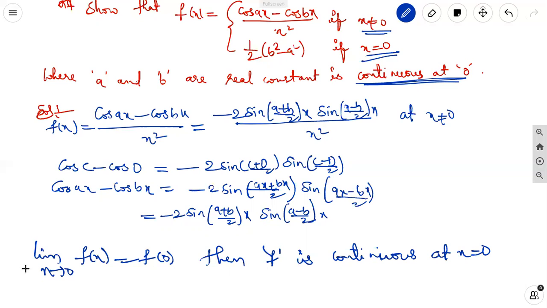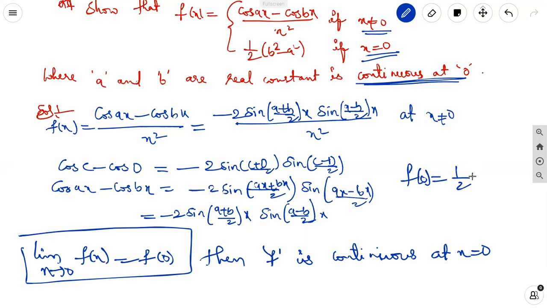Why are we taking 0? Here they have given the relation not as less than or greater than, but as a not equal relation. So clearly f of 0 is 1 by 2 into (b square minus a square).